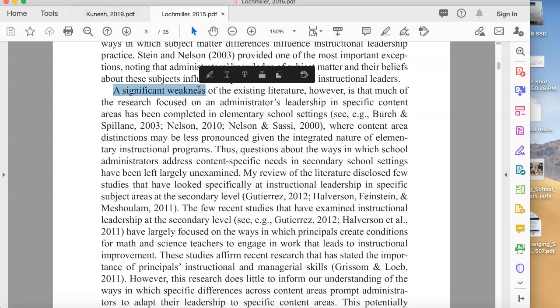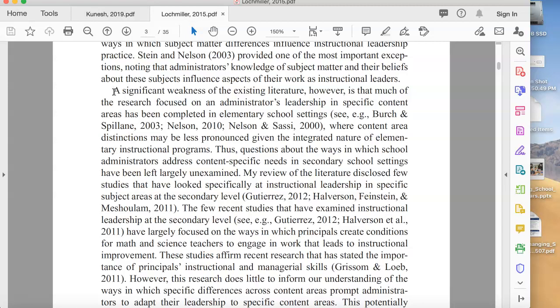This is actually a shift from, here's the context for why I'm writing this article, to here's the actual reason I'm writing this article. This is important, and we'll talk more about this as the semester goes on. What the author is doing here is identifying what we call a problem, a weakness, a gap in similar research.